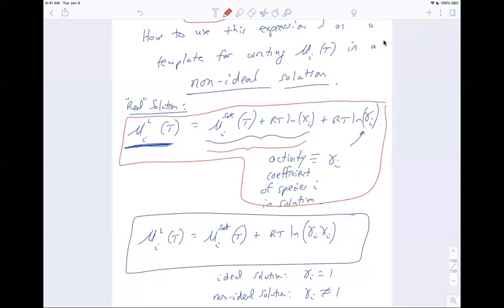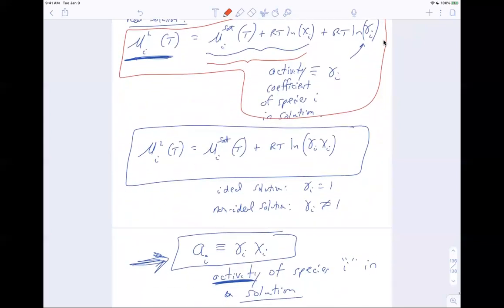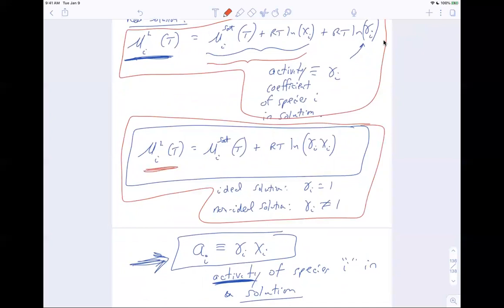So we can actually lump the X sub I and the gamma sub I terms together in the log, and we obtain this expression, where we see that the chemical potential of a species I in a non-ideal mixture is some reference state chemical potential plus RT log of the product of gamma I times X sub I.